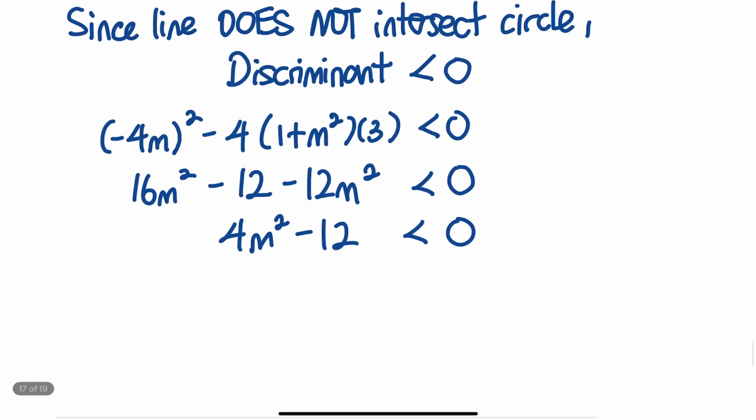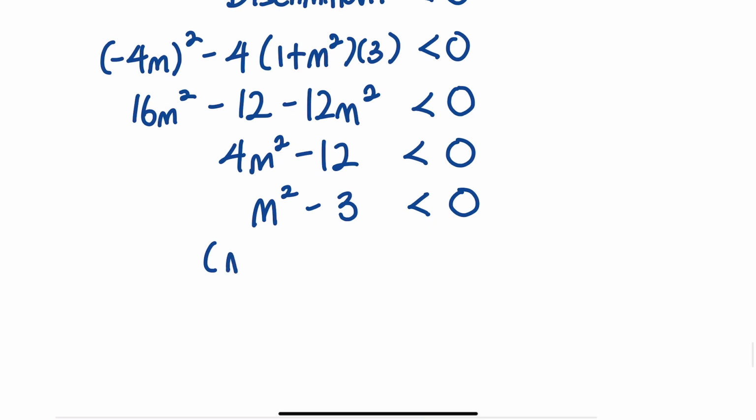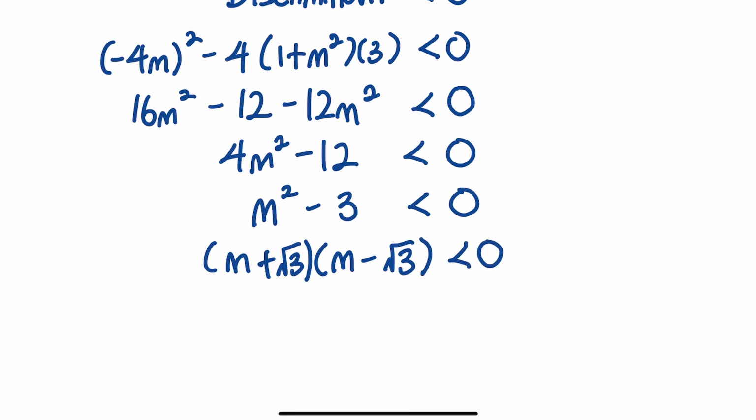Simplify this, I'll get m squared minus 3 less than 0. Then I hope you still remember how to solve quadratic inequalities. We cannot shift this to the right and square root for inequalities. I have to factorize first. (m plus 3) times (m minus 3). No, sorry, not 3. It should be root 3. Okay, (m plus root 3) times (m minus root 3), the whole thing less than 0.